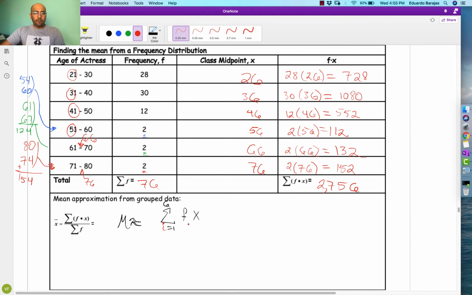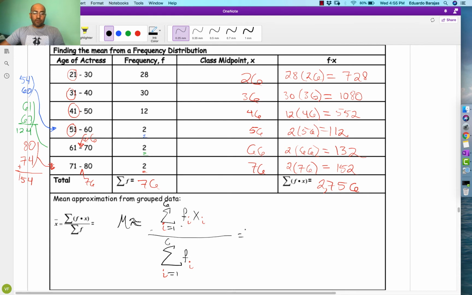It's going to be equal to the sum of f sub i x sub i, and then the whole thing gets divided by the sum where i starts from 1 to 6 because there's 6 classes in my case of f sub i. Okay, I was just personalizing it a little bit. So this is the sum of all of these. So that's just going to be this number here, right?